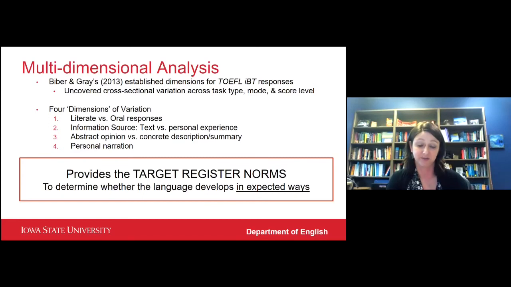So if we would expect language learners over time to increase in proficiency, and we would expect linguistic variation across proficiency levels, we hope to be able to predict how their language will change over time. And so we're trying to figure out that question: did their language develop in the ways that we would have expected?